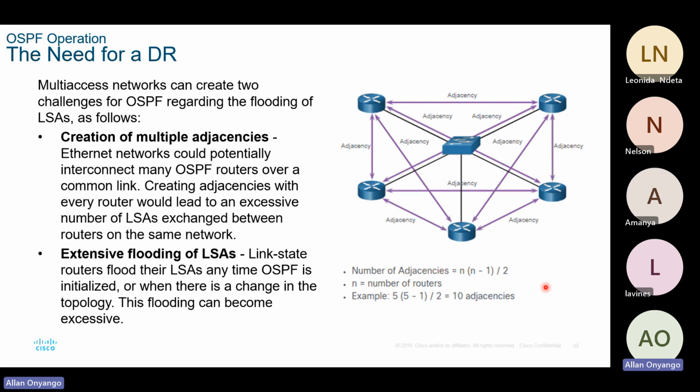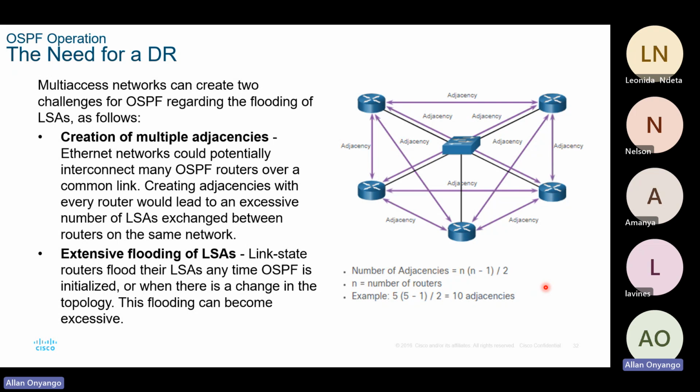I'm talking about 10 routers. Sorry, not 5. 10 into 10 minus 1 over 2. So 10 minus 1 is 9. 9 times 10 is 90. 90 divided by 2 is 45. 45, if we replace n by 10.